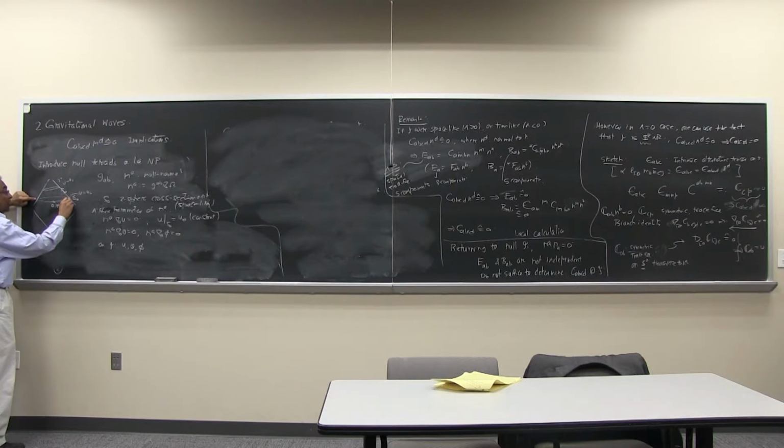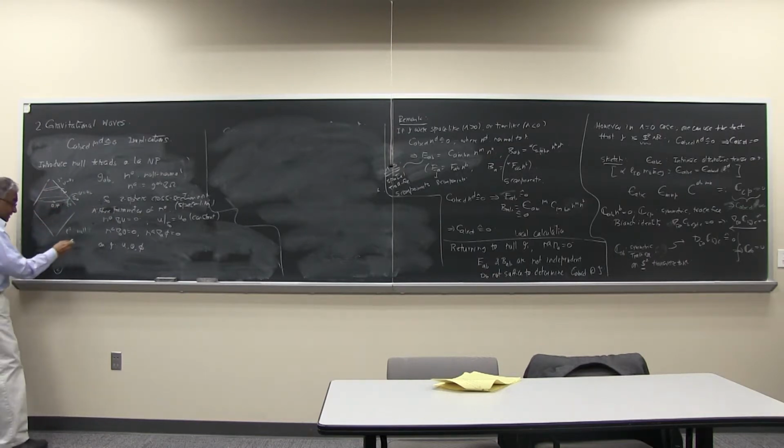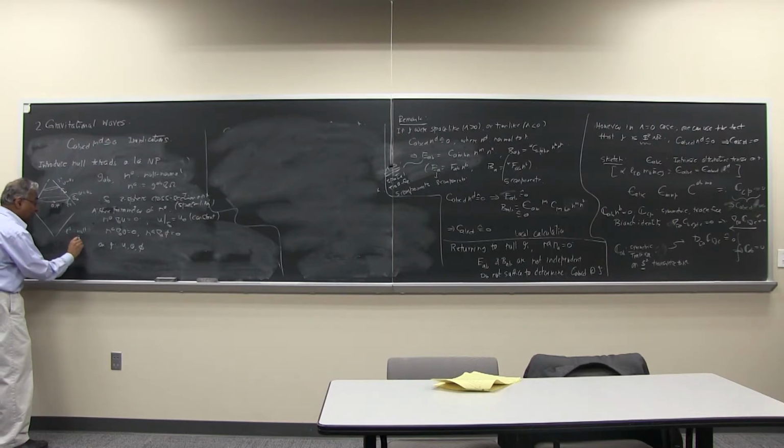I take l to be the null vector which is future directed and also normal to this cross section. So l^A is null, and is the other null normal. Given any two-sphere, there are exactly two null normals. I already have n, so I choose this one, which is null, and I choose it to be future directed.